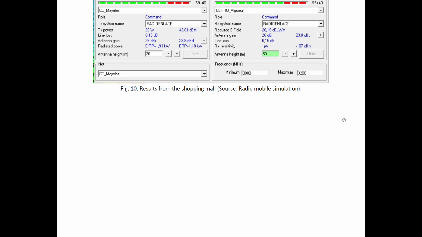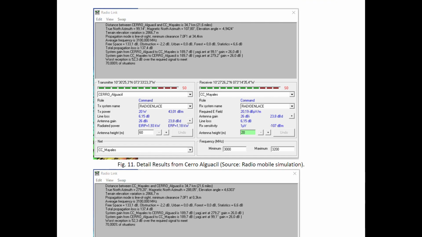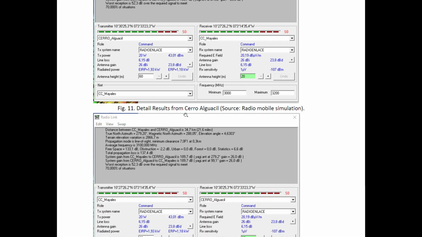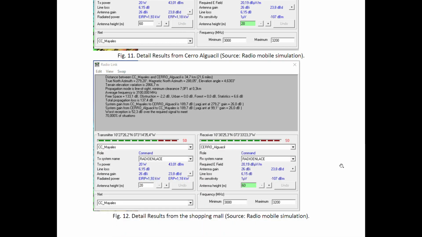And next we have a little brief about the radial link, where we have the different parameters. For example, the distance, the losses, the frequency, the propagation loss, all that stuff we have here in this little brief about the simulation.